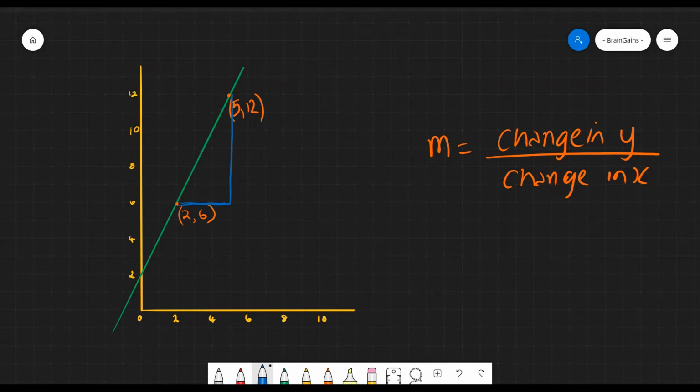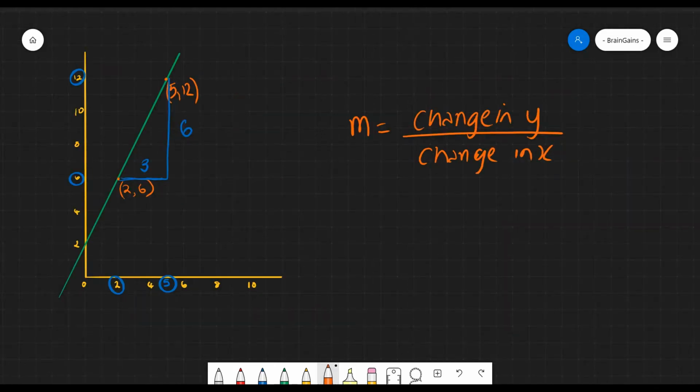We can see that we've gone up from the y coordinate 6 to the y coordinate 12, so the change in y is 6. We've gone from our x coordinate of 2 to our x coordinate of 5, so the change in x is 3. So our gradient m becomes 6 over 3, which is 2.